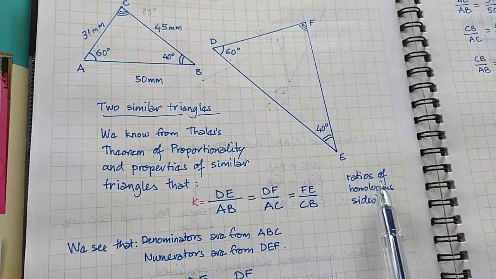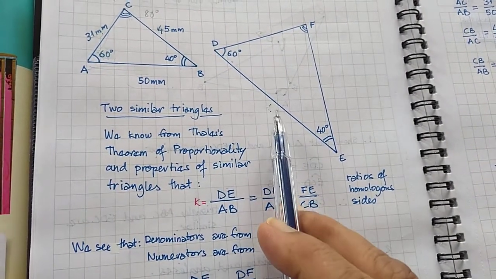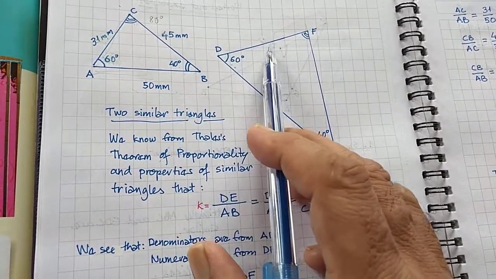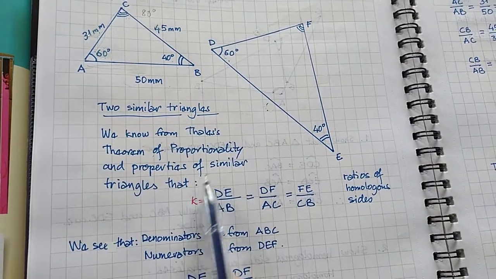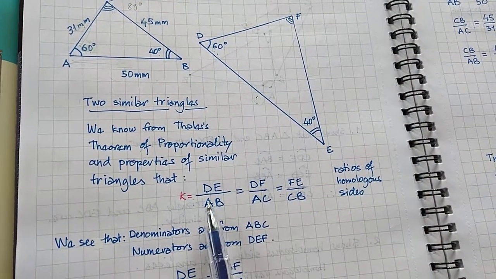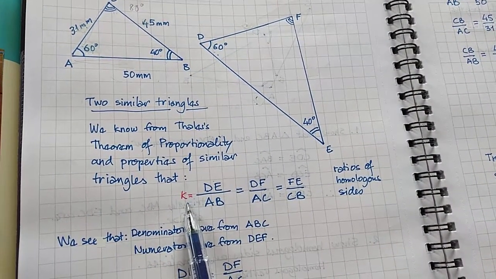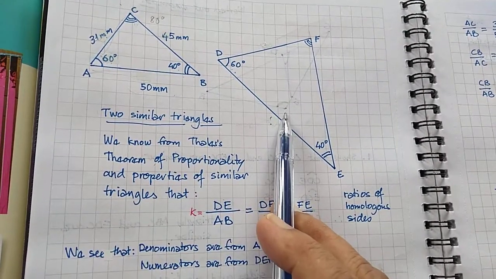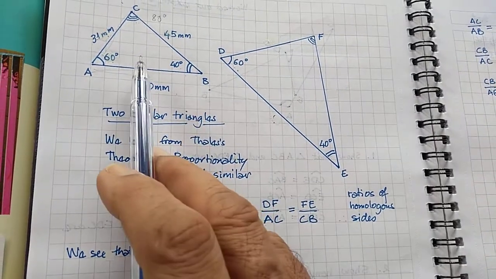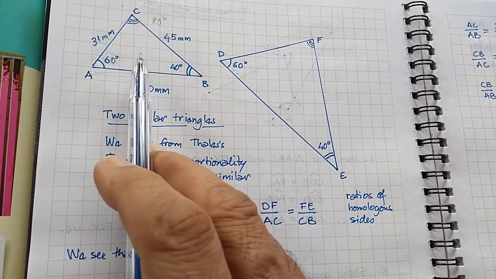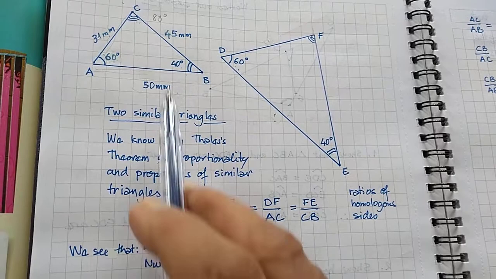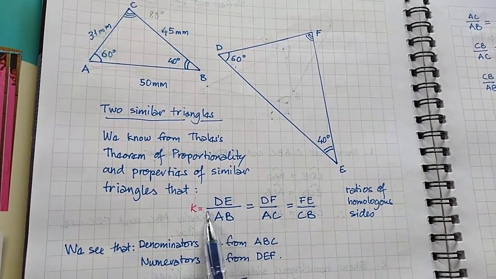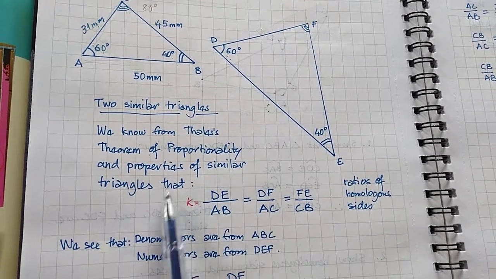These are the ratios of homologous sides, because this side is homologous to this side, and this side is homologous to that side. You take the ratios. If you actually calculate them, this is equal to K, which is the ratio of enlargement of these two triangles. So you apply that ratio of enlargement to this triangle, you will get this triangle.